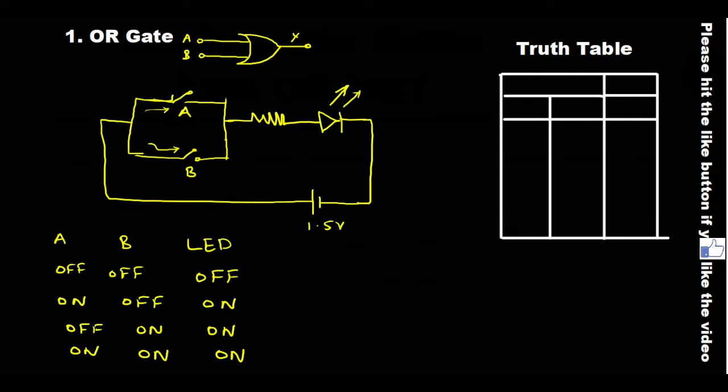This LED on and off, we will assume that off is indicated by 0 and on is indicated by 1. So whenever one of these switches is at 1, we are getting the output LED on.